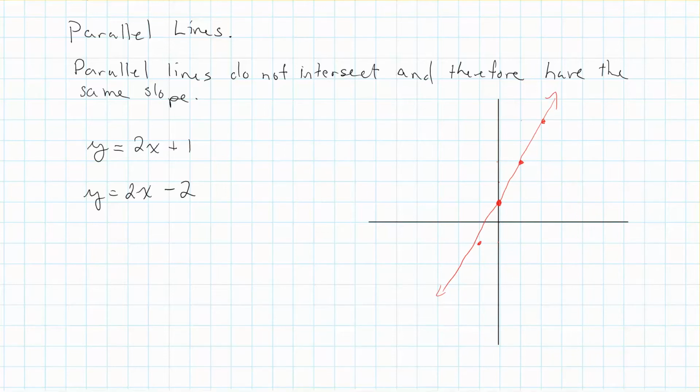Alright, so then let's plot the other one. It's got a y-intercept of negative 2, and then we go still a slope of 2, so up 2 and over 1, up 2 over 1, and then we would draw a line through these points here.